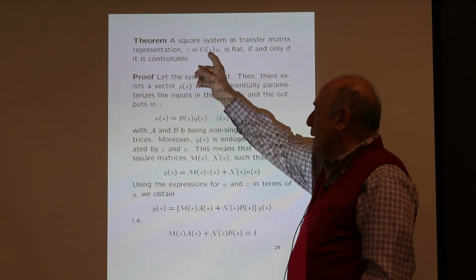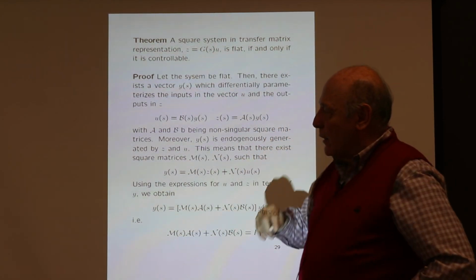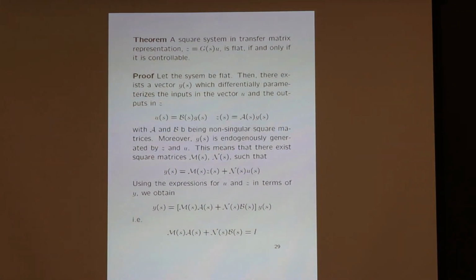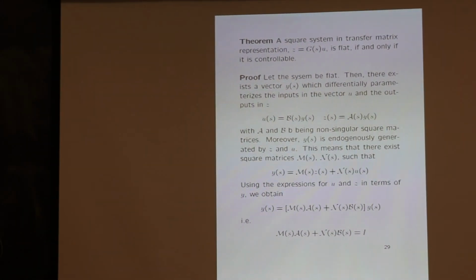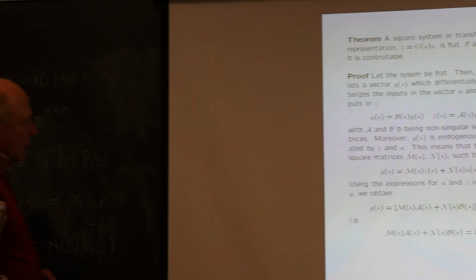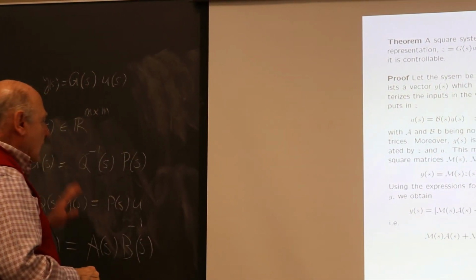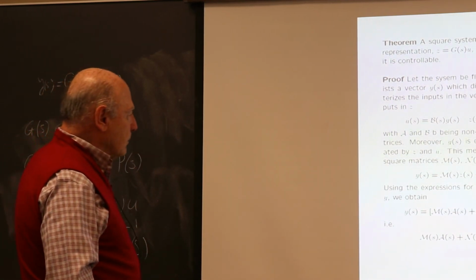And controllable means that you will have either a left or right coprime factorization, and therefore back to the original representation in terms of P and Q. P and Q are left coprime or right coprime, and the unimodularity, well, the flatness of the system will be guaranteed from the controllability of the system.